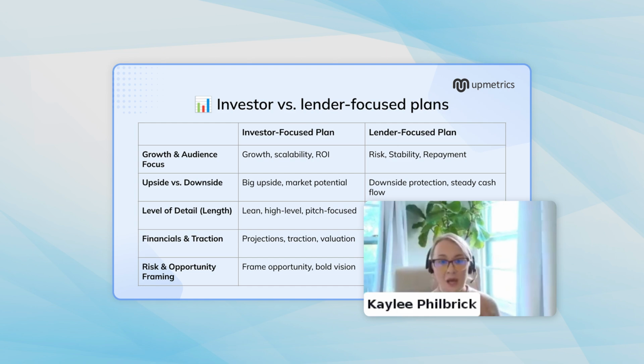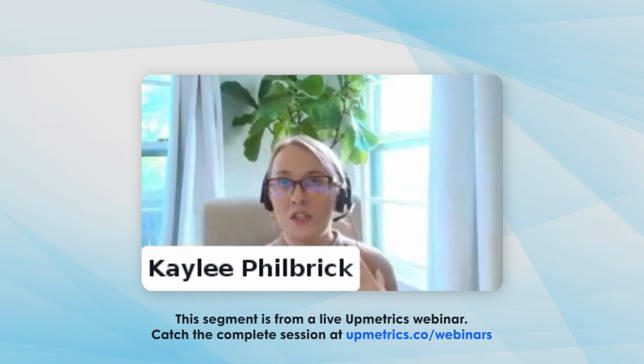So you want to be pointing out specific pieces such as the target market, your competitive advantage, and how you plan on securing a significant amount of the market. Whereas lenders, they basically want to understand, okay, what is the absolute worst case scenario, and what is your risk mitigation to that, and how can I guarantee that you won't default on your payments.